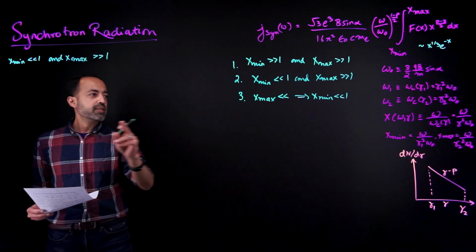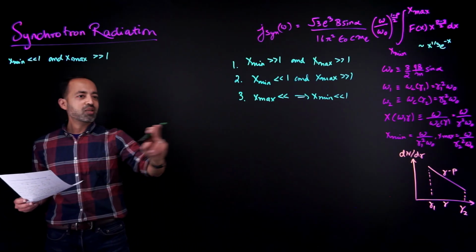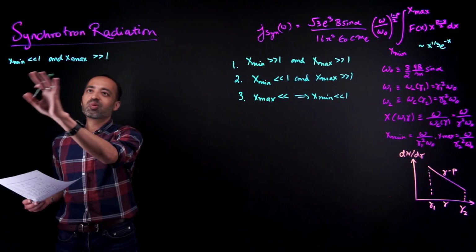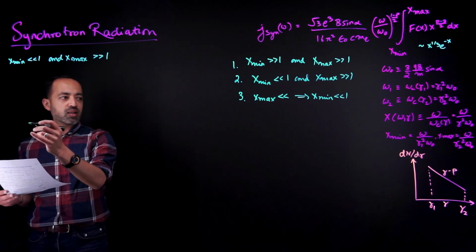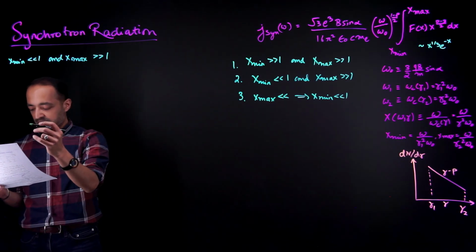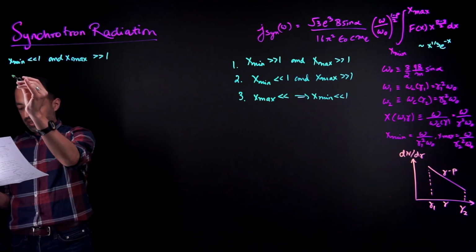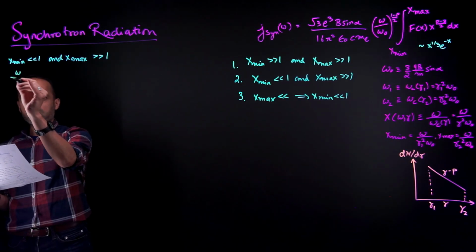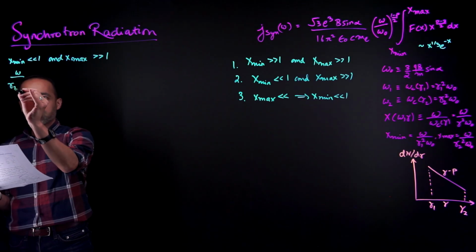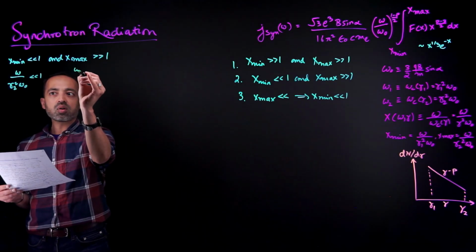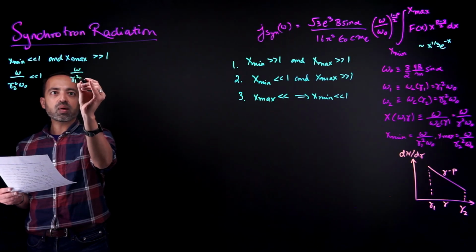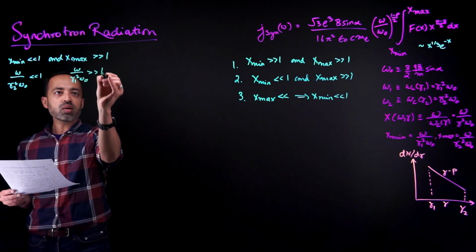Just to connect back to what these x's mean, let's get a sense of what we're talking about. Remember that x min is omega over gamma 2 squared omega naught, and that's much less than 1. And x max is omega over gamma 1 squared omega naught, and that's much greater than 1.